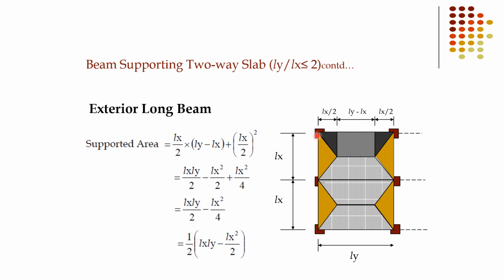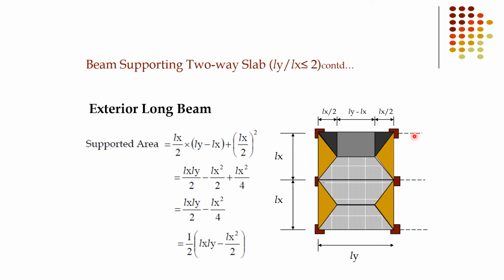So the total length was ly. Okay, so if this is lx, then the half will be lx by 2 due to the 45-degree angle. If this is lx by 2, then this dimension will also be lx by 2, and on the other side again this is lx by 2.